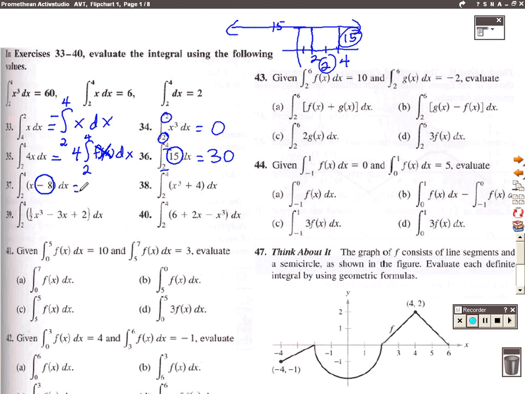So we're going to go to the bounds, and we'll have 2 minus 8, which would be -6, and 4 minus 8, which would be -4 of x dx. Now you notice that there is no answer for -6 to -4.